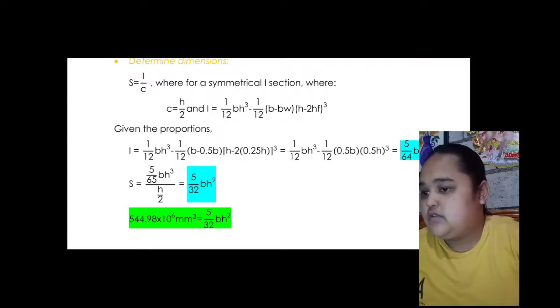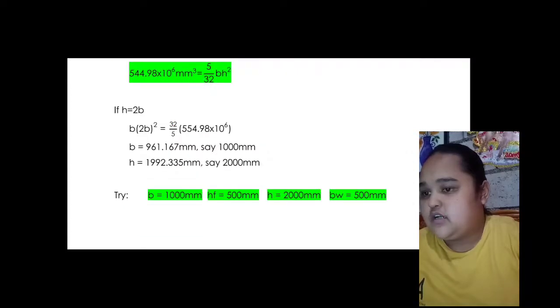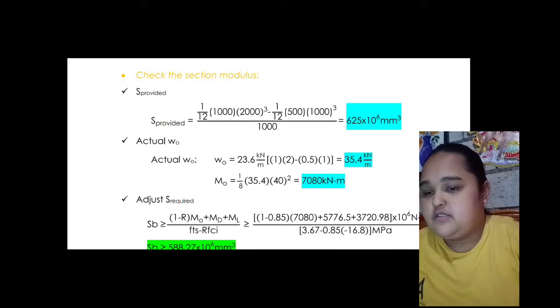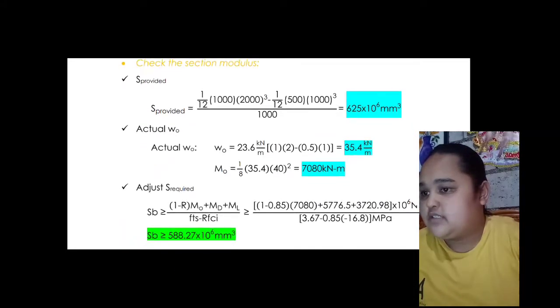H is equal to 1992.335 millimeter. Pwede mo din siya i-round up ng 2,000 millimeter. Then let's try the values B is equal to 1,000, HF is 500, H is 2,000, and BW is 500 mm, all in millimeters.